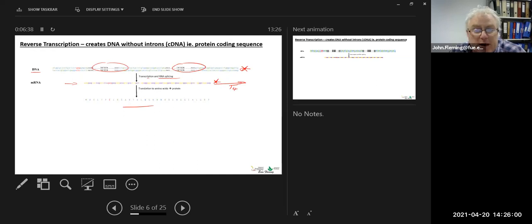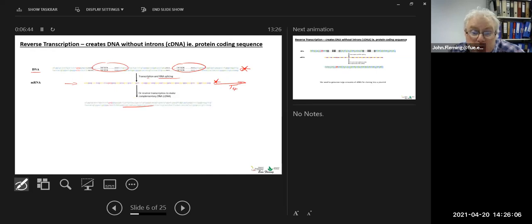So in this case, what we have to do is convert this single-stranded messenger RNA into double-stranded DNA. We need to reverse transcribe it. And we can do this using an enzyme that's purified from retroviruses, an enzyme called reverse transcriptase. And this makes what's called complementary DNA, or cDNA.